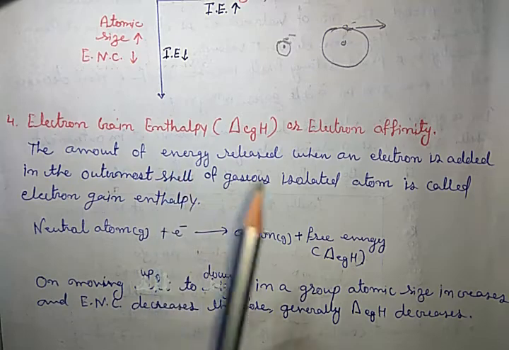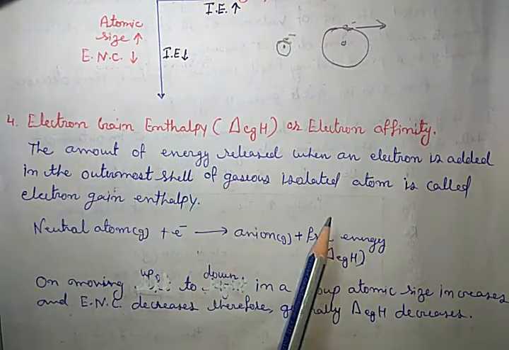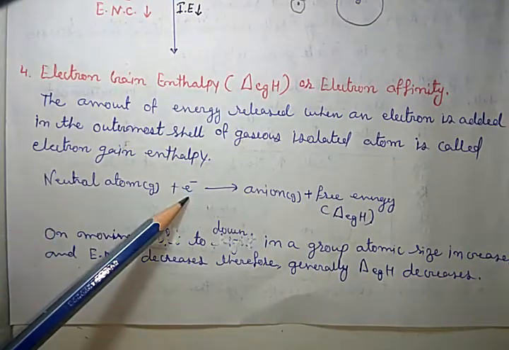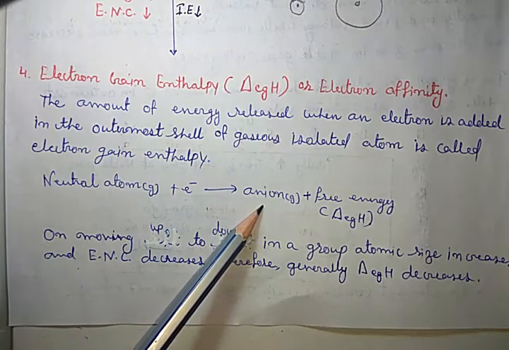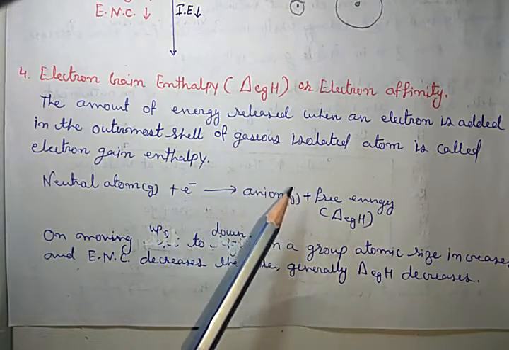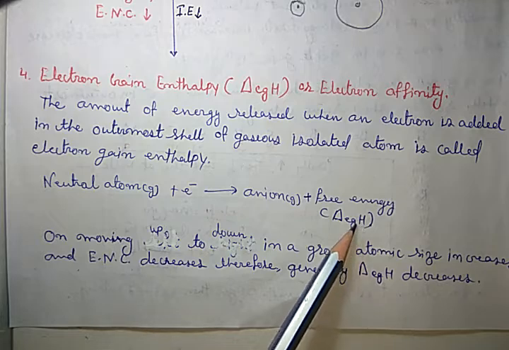This amount of energy is known as electron gain enthalpy. Got it? For example, suppose that is a neutral atom and we supply an electron. It forms an anion and releases energy. This amount of energy is known as electron gain enthalpy.